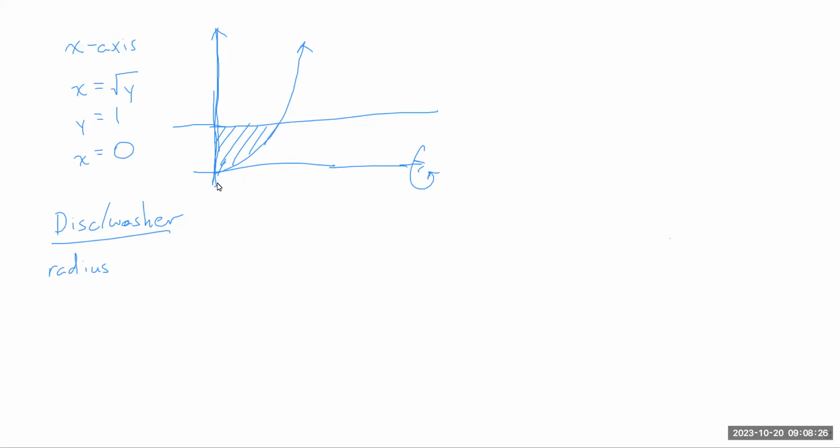That's the key here. The fact that you're rotating around the x-axis, the only way you're going to get a disk or a washer out of the situation is if I have rectangles in here that are oriented vertically.